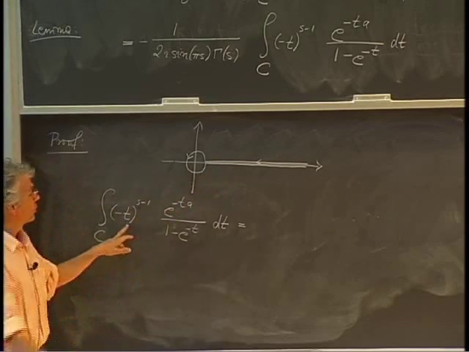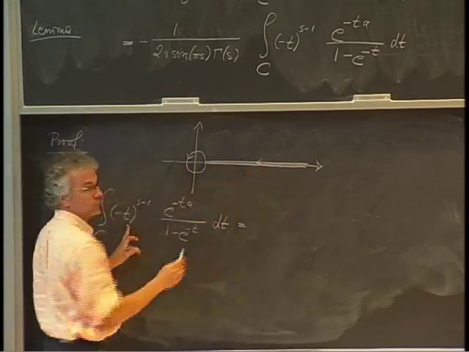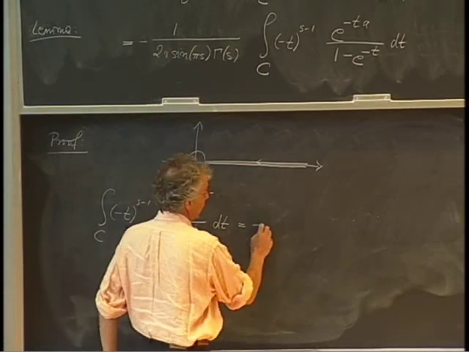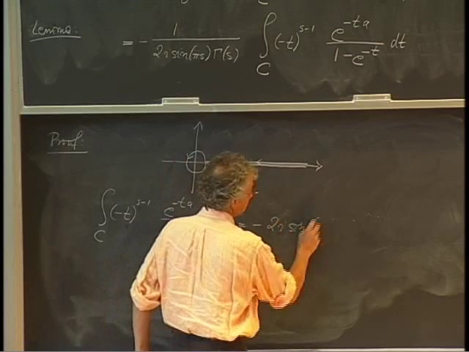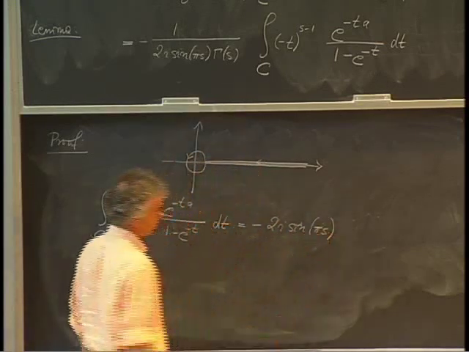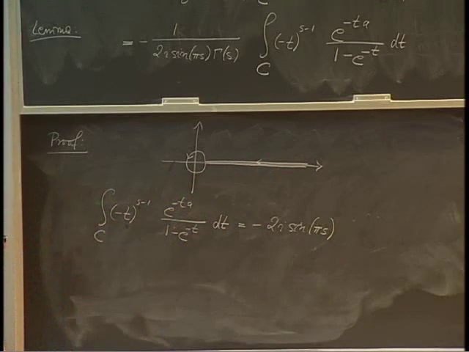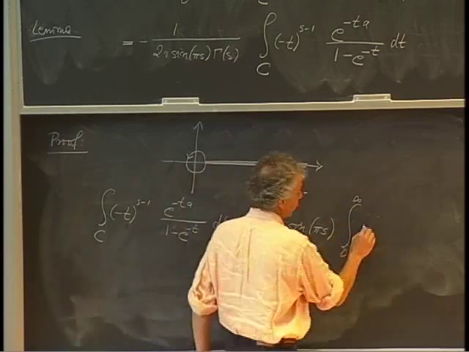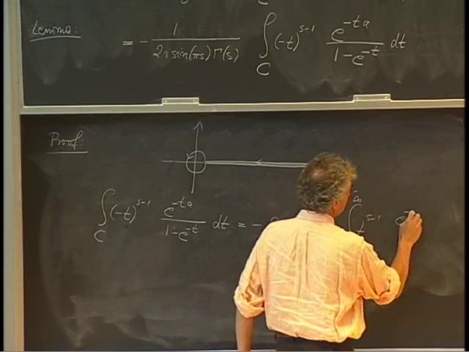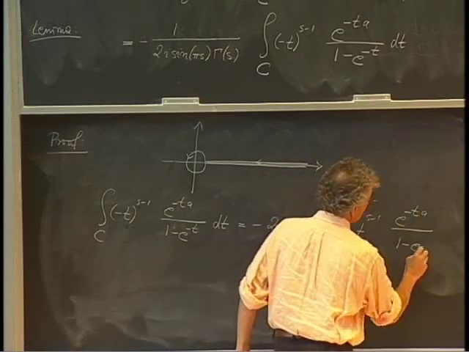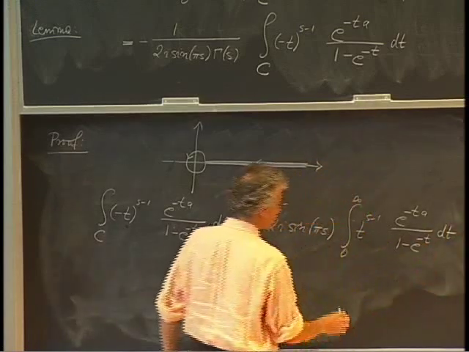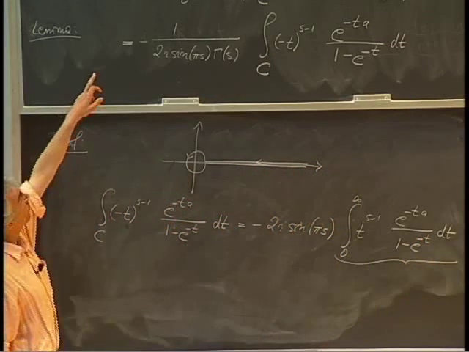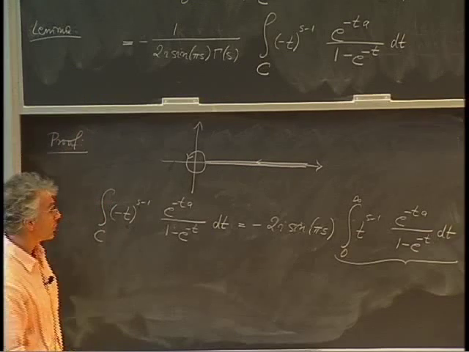Even though we have a branch cut of minus t on the positive axis, you pick up these different phases which combine to a sine. So doing exactly the steps that we did the last time, this is the way you get the sine piece. And you get the integral along the real line, which reproduces, apart from the factor gamma, the definition of the Hurwitz zeta function.